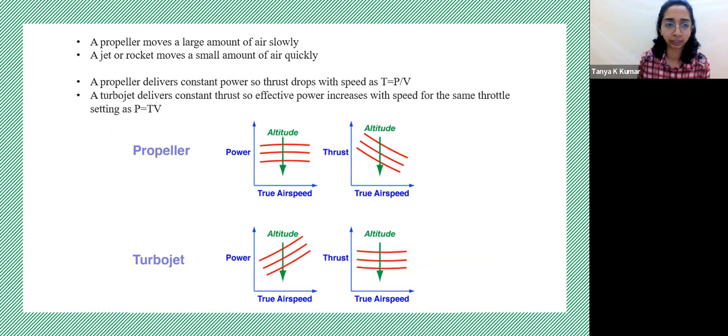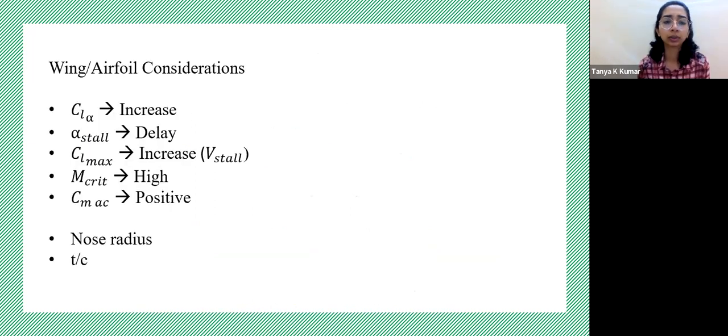So I just wanted to address this. Now, last week, one of the main topics discussed was the various considerations for designing an aircraft. One of them was the wing or airfoil considerations. The different parameters that play a role while designing this wing are given here. First is CL alpha.